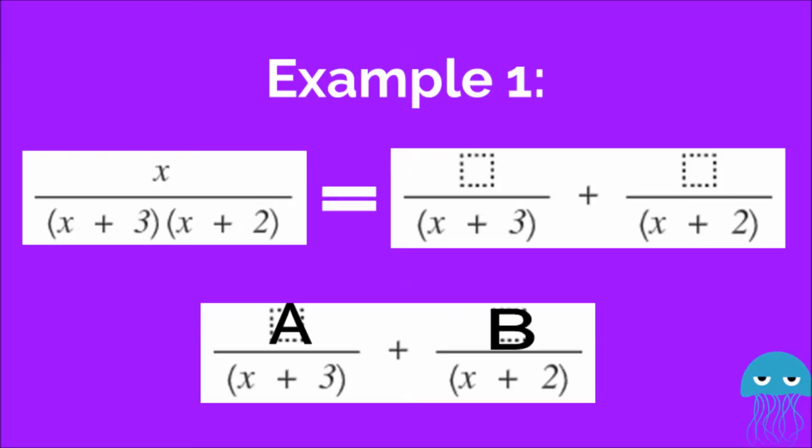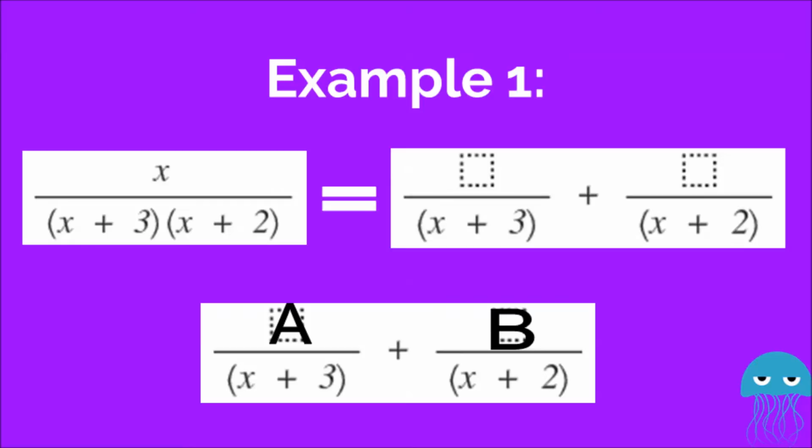Now, one base rule that you must remember and pretty much memorize is that the numerator must be a variable that is 1 degree less than that of the denominator. In this situation, since both the denominators, one is x plus 3 and the second one is x plus 2, have polynomials that are raised to the first degree, the numerator must be a polynomial raised to the 0th power, or, in other words, must be a constant.